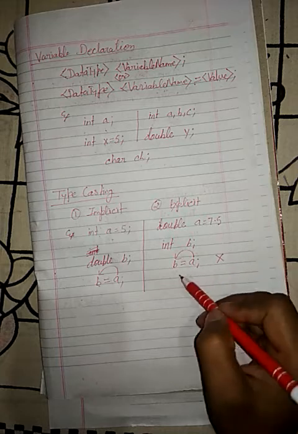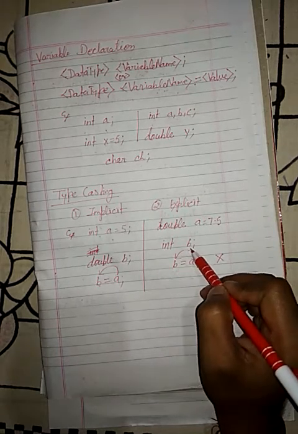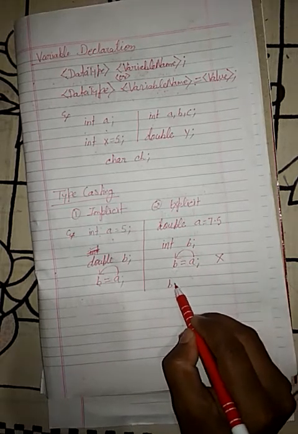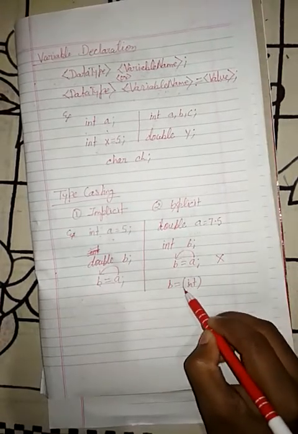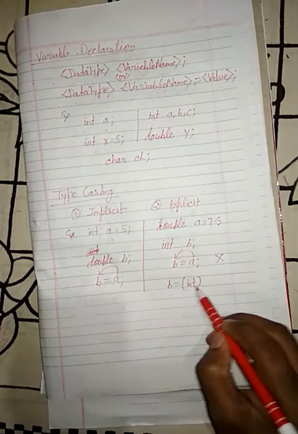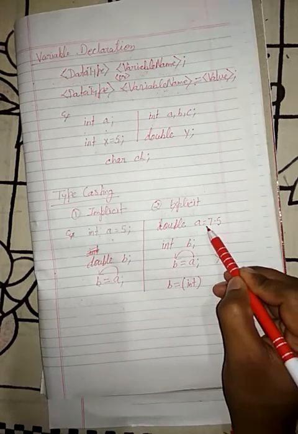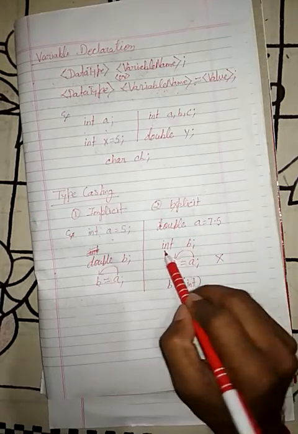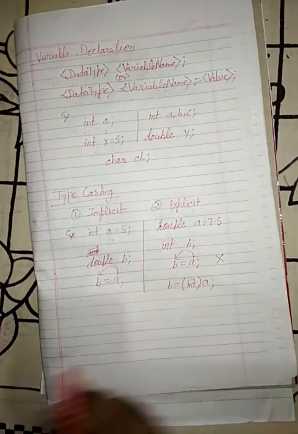But if we want to store this double value of a into this integer b, then we can write b is equal to (int) a. This is the concept of explicit casting. It means I want to store the integer value of this double variable a into this integer variable b.